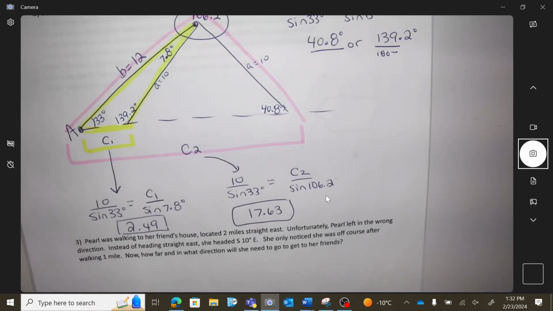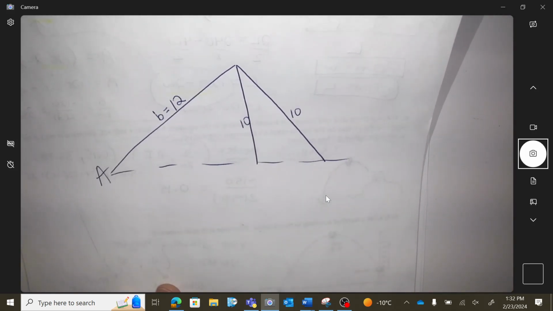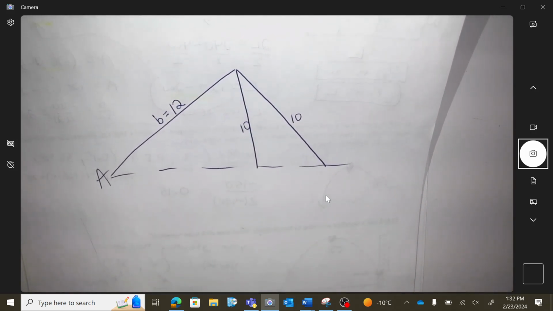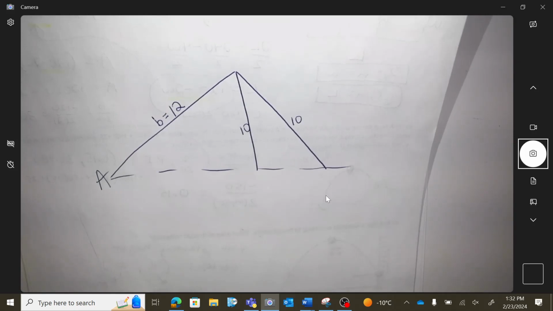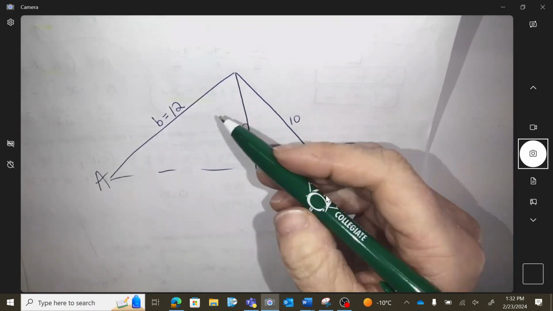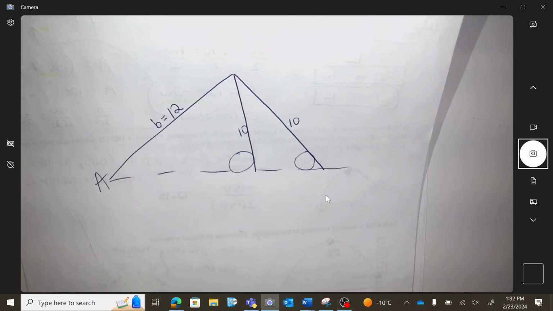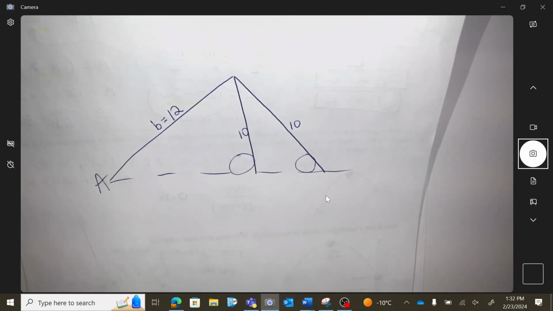I'm going to show you somebody who did this wrong. Somebody did this. Why did they get it wrong? Just their drawing. What's wrong with that drawing? So across from the 12 is that angle. What's wrong with the situation now?